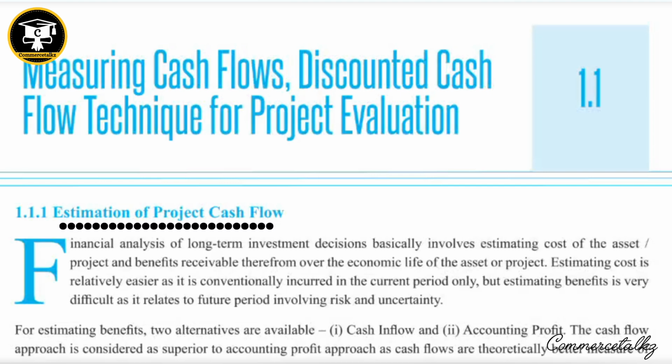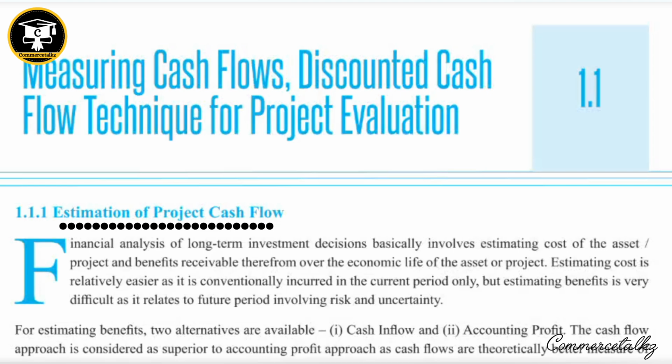estimation of cash flow. For each and every project, we have to predict what is the income from that project. Cash flow simply means inflow or outflow of money. So we have to estimate two aspects, that is cost as well as its benefits received over a period of time.